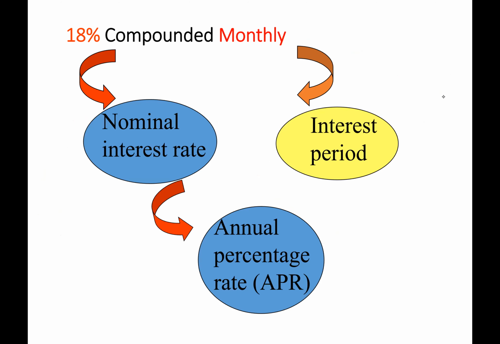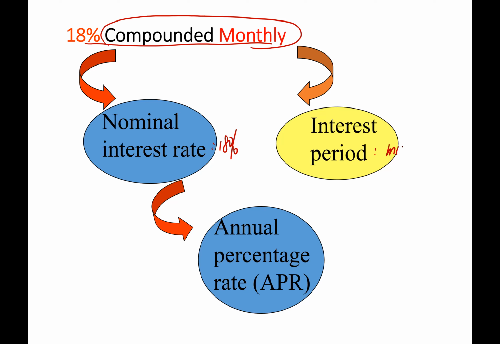So let's look at this example. Let's say we have 18% compounding monthly. This is the nominal interest rate, right? The nominal interest rate is 18%. Since there's a compounding period associated with it, the interest period is compounding monthly.